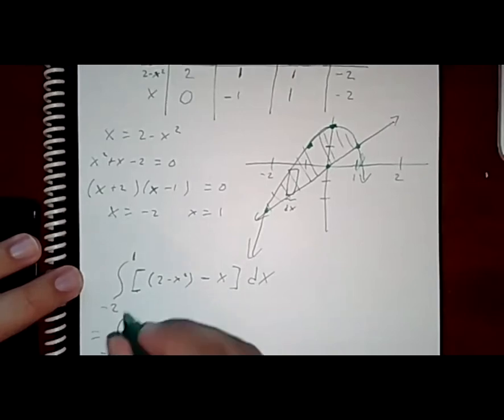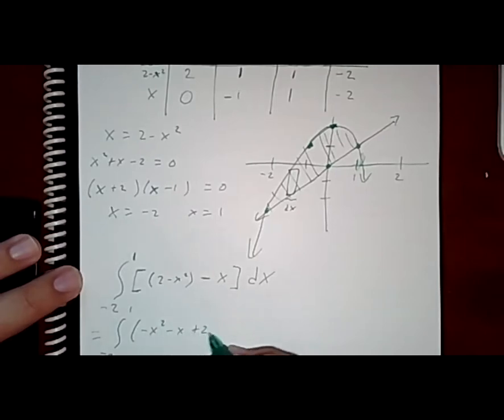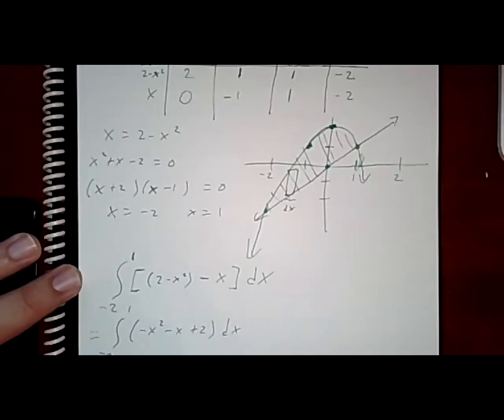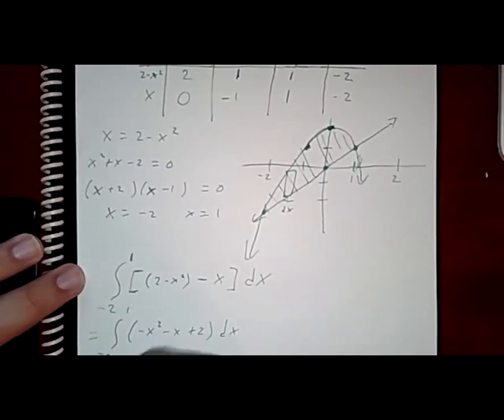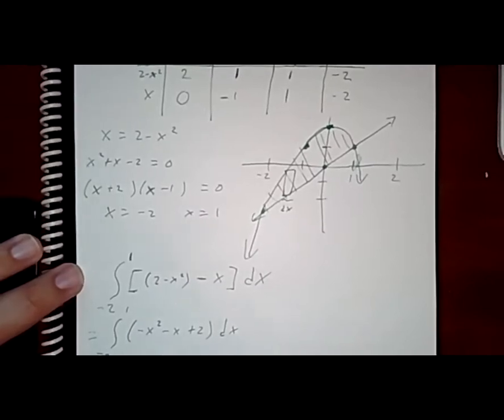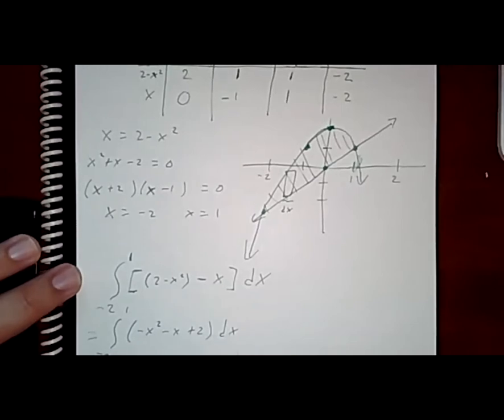Okay. Let's simplify this a little bit. Negative x squared minus x plus 2. If we integrate that, we will get negative x cubed over 3 minus x squared over 2 plus 2x from -2 to 1.